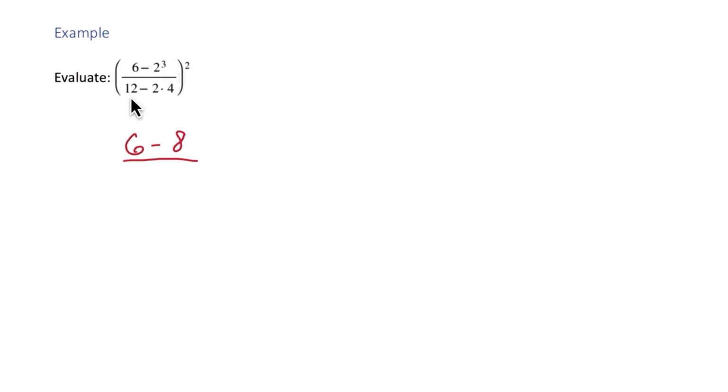Looking at the denominator, we have 12 minus 2 times 4. We want to take care of that multiplication first. So we have 12 minus 8. And don't forget, all of that is being raised to the second power. Looking at the numerator, we now have 6 minus 8, that is negative 2.